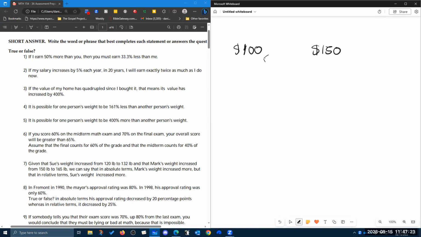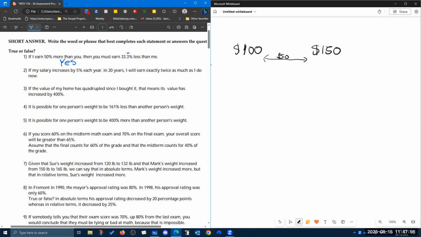If this difference here is $50, isn't the $50 change to go down a third, which is 33.3% of 150? Yes, it is. That same difference that was 50% of this number is going to be 33.3 continuing, actually, percent of this number.